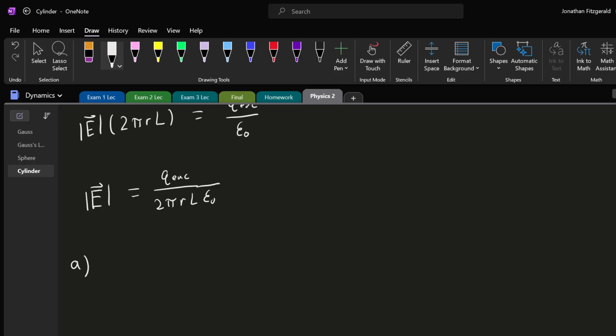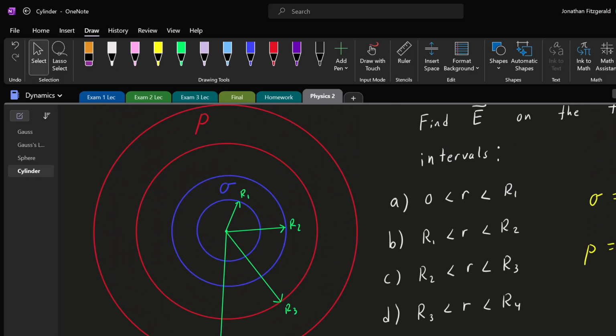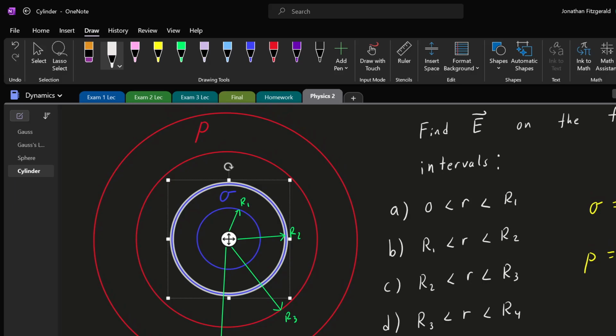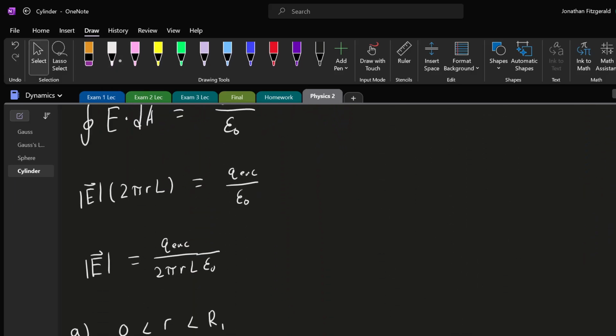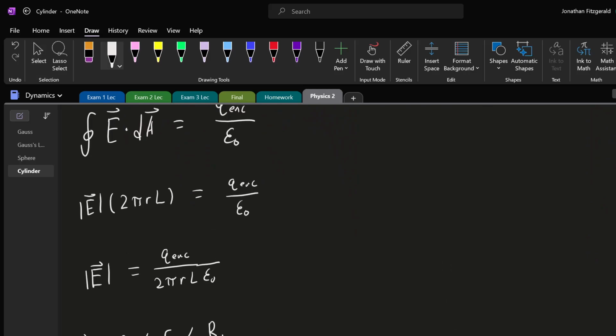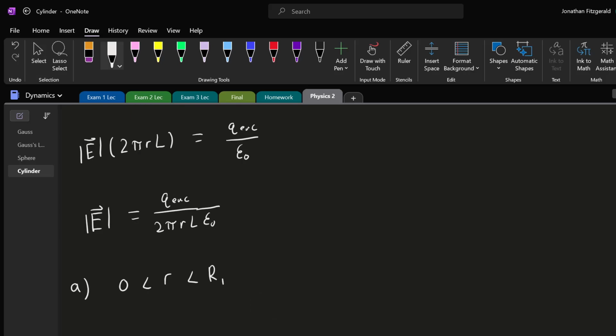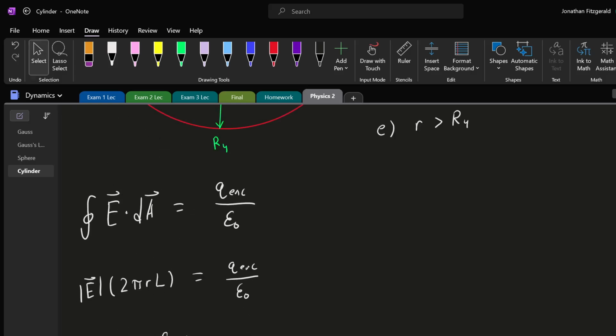So now part A. When 0 is less than r is less than R1, this little r is the radius of the Gaussian cylinder. So when a Gaussian cylinder has the radius from 0 to R1, what is our electric field? Well, this is our formula right here. And in this case, Q enclosed, what are we enclosing?